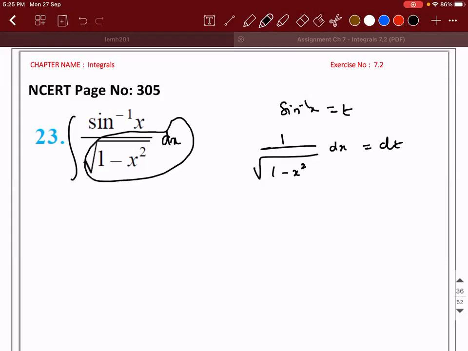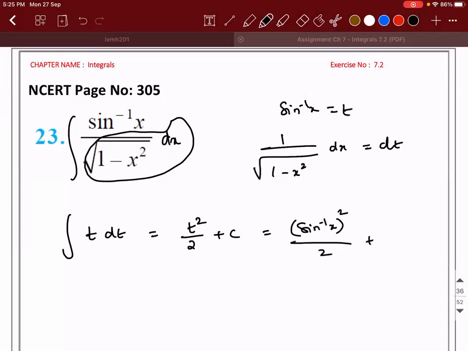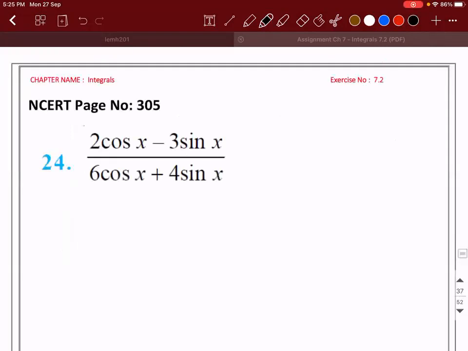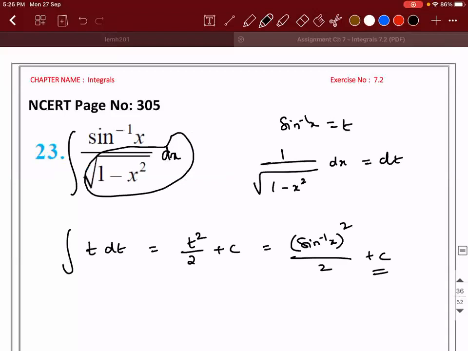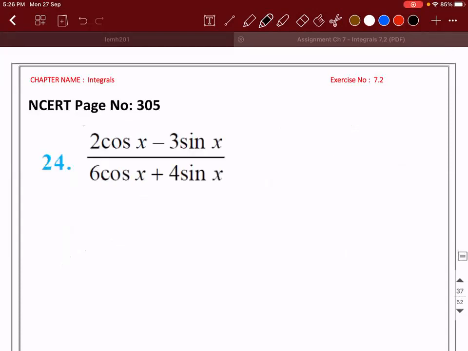So dx divided by root of 1 minus x square is dt. Integral of t dt, so answer will be t square by 2 plus c. But what is t? So sine inverse x the whole square divided by 2 plus c. Clear? Yes, sir. Okay.